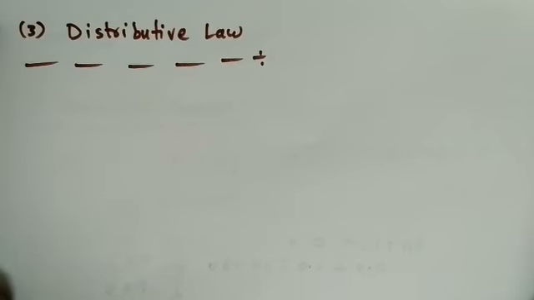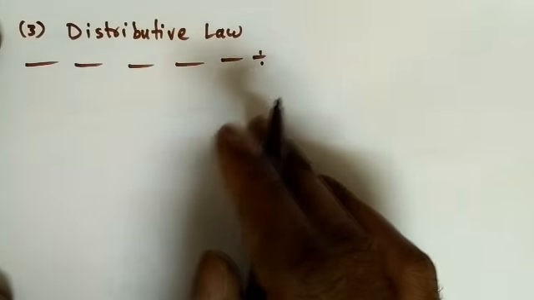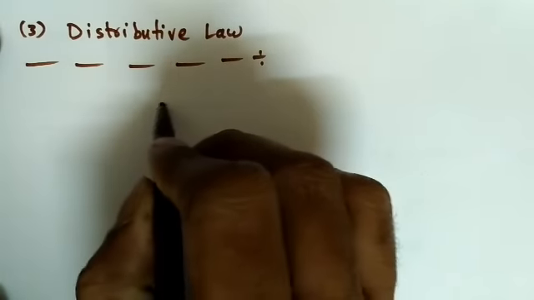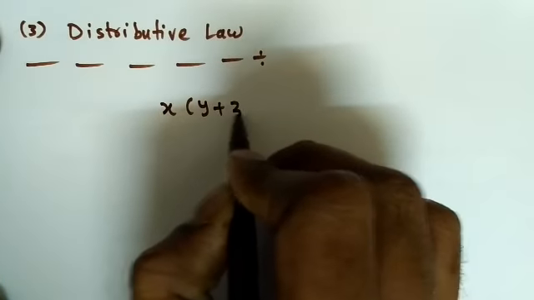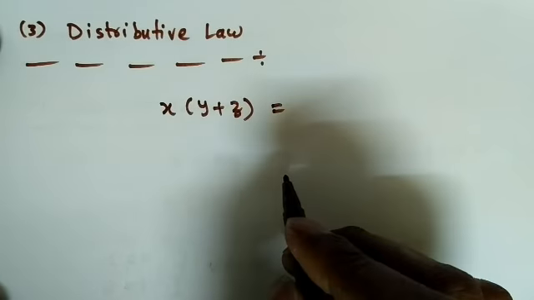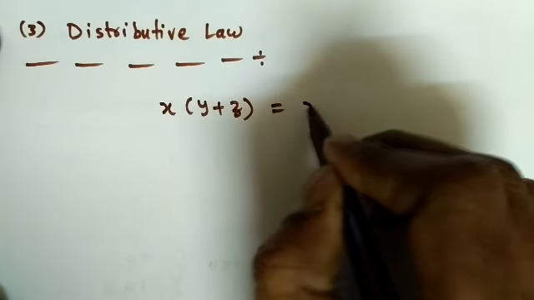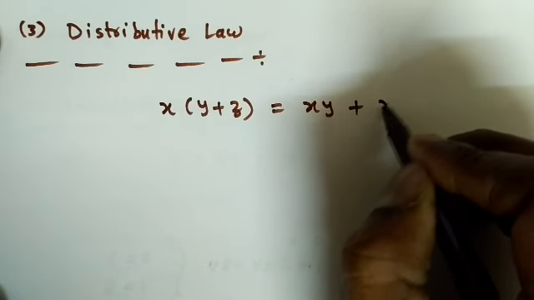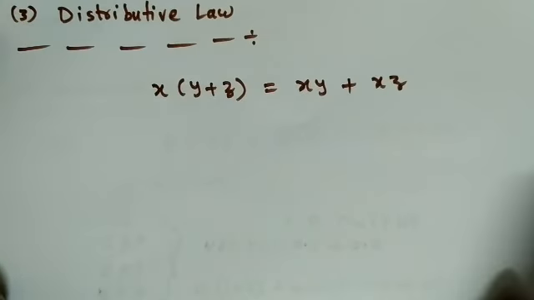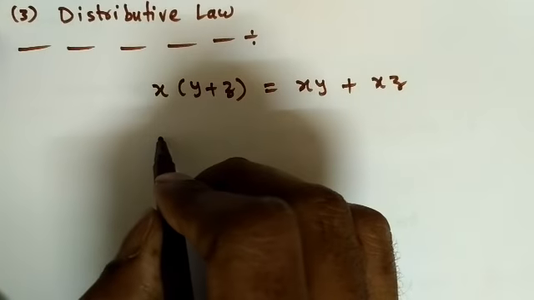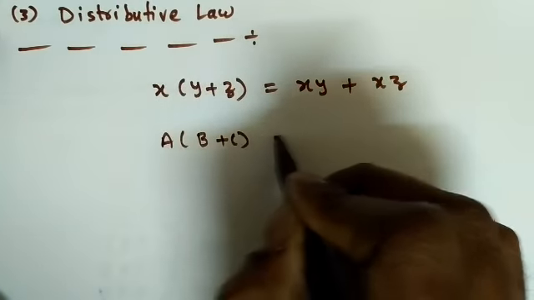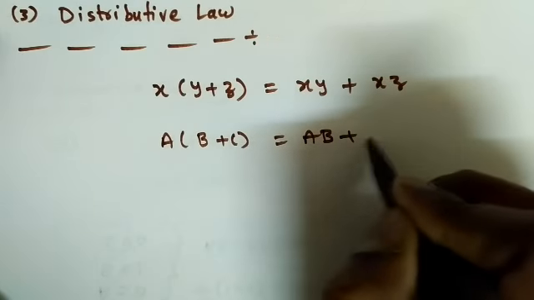The next law is the distributive law. Anyway, we know from linear algebra also, the distributive law is x into y plus z is equal to x into y, that multiplication, then addition, plus x into z, right? So this is the distributive law. Or we can say in terms of a and b, a into b plus c is equal to ab plus ac.